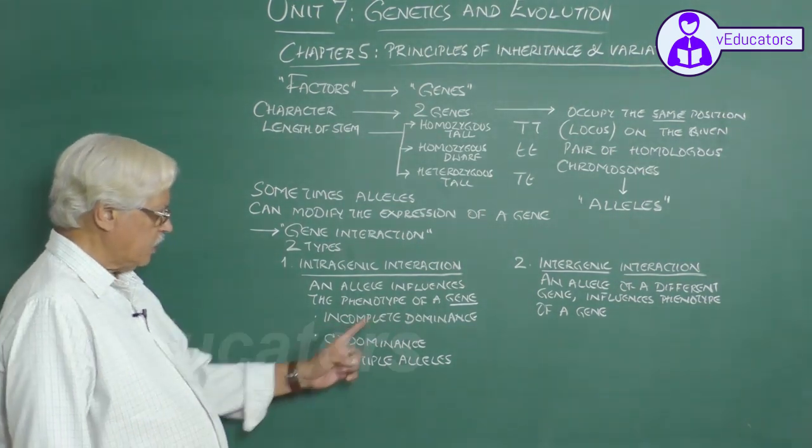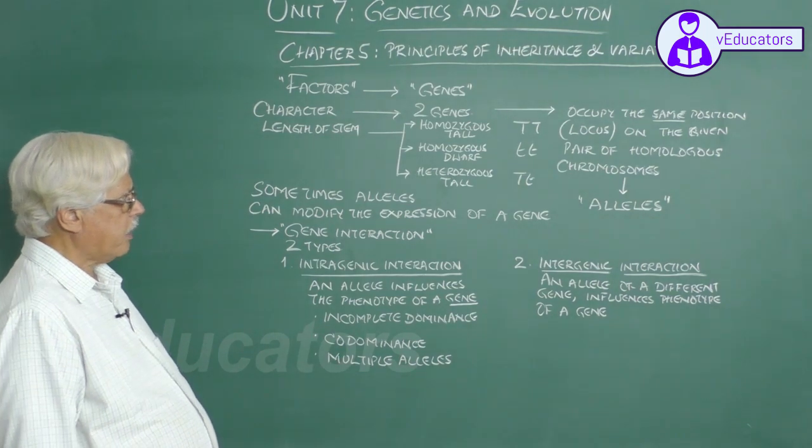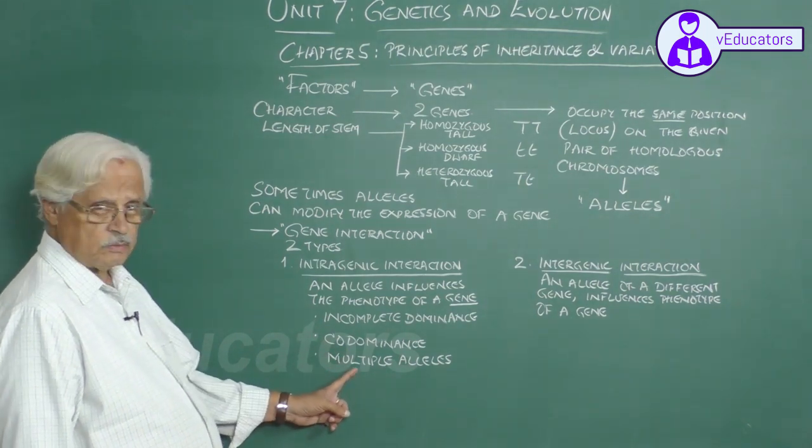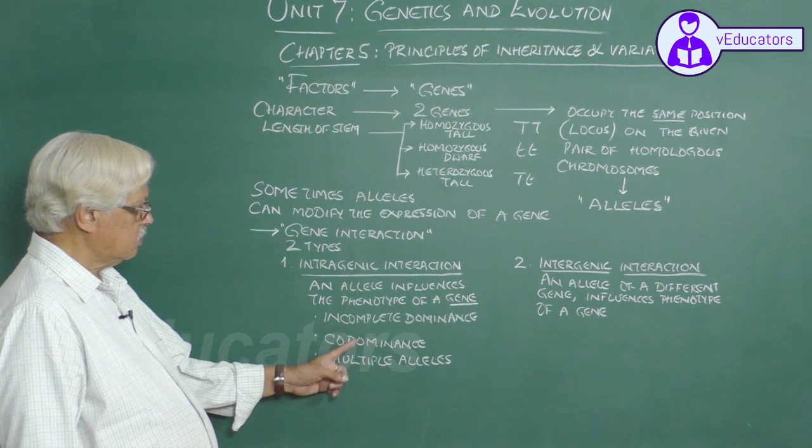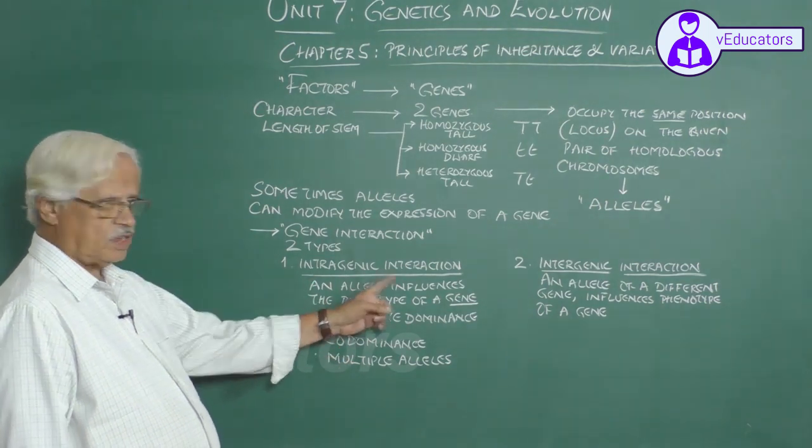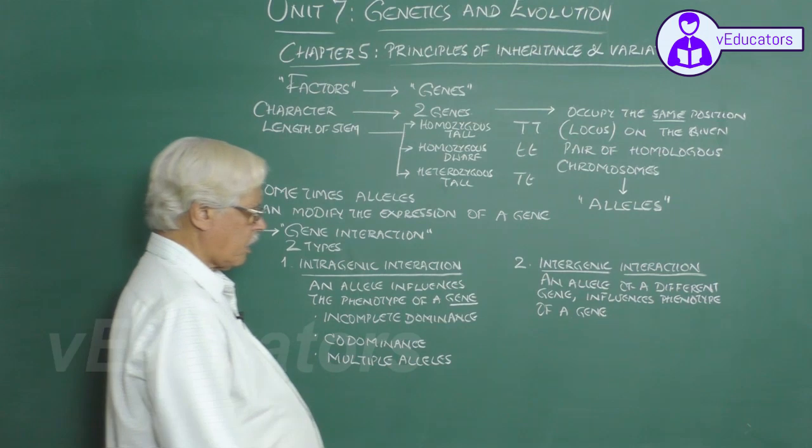So incomplete dominance, codominance, and with reference to codominance, multiple alleles, these are examples of intragenic interaction.